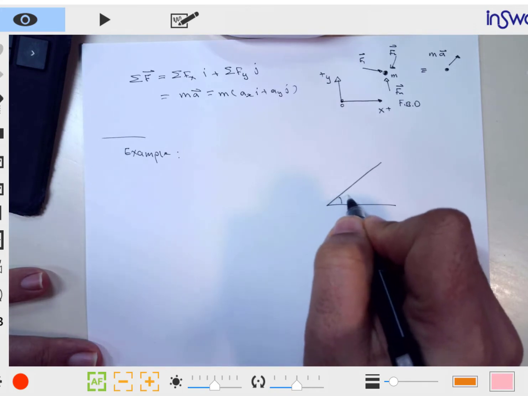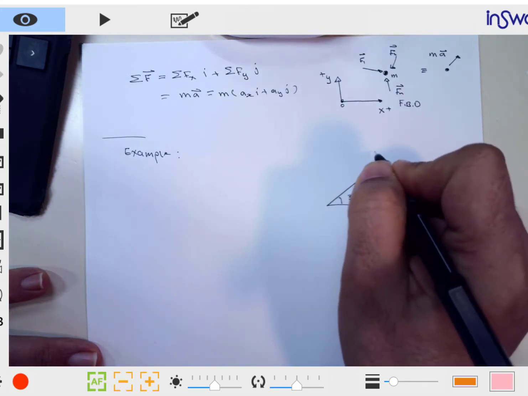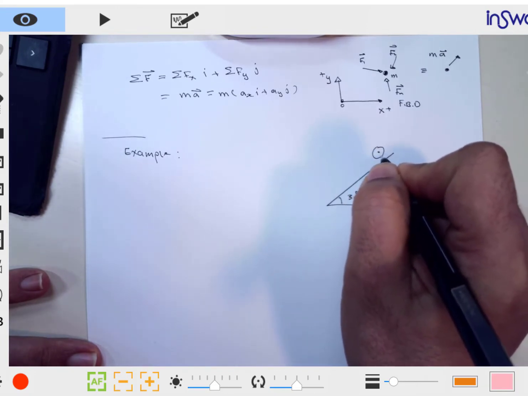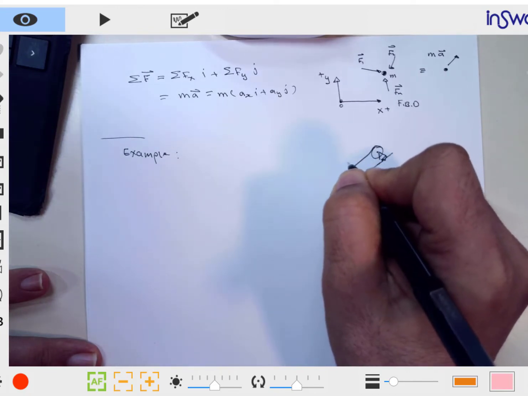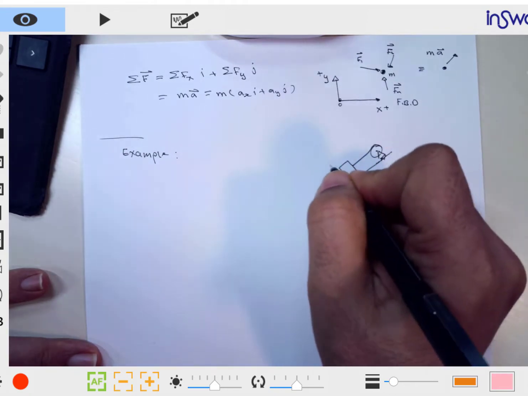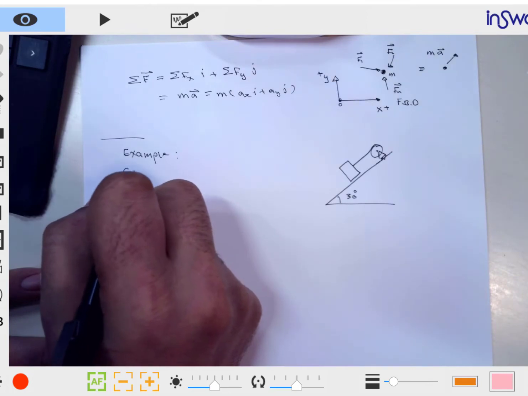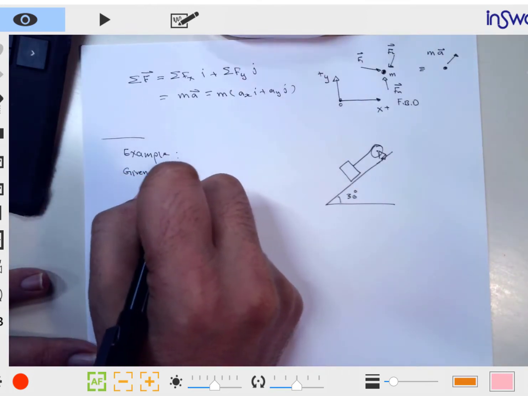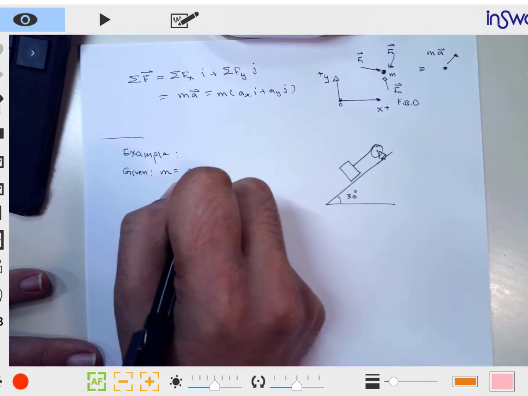The angle is given as 30 degrees. There is a motor that is pulling a box, and we are given the following. The weight is 20, all in the SI unit system.